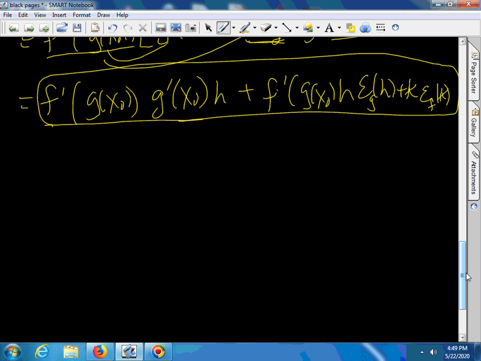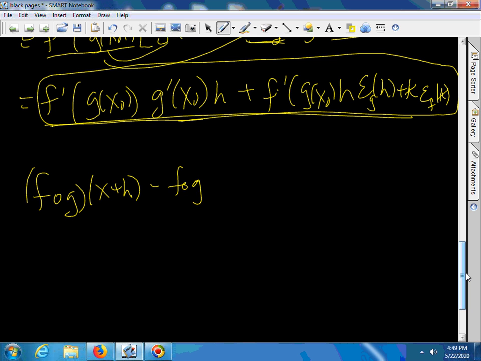So I might as well take more space. So this here equals f composed with g of x0 plus h minus this, and that equals the line above.